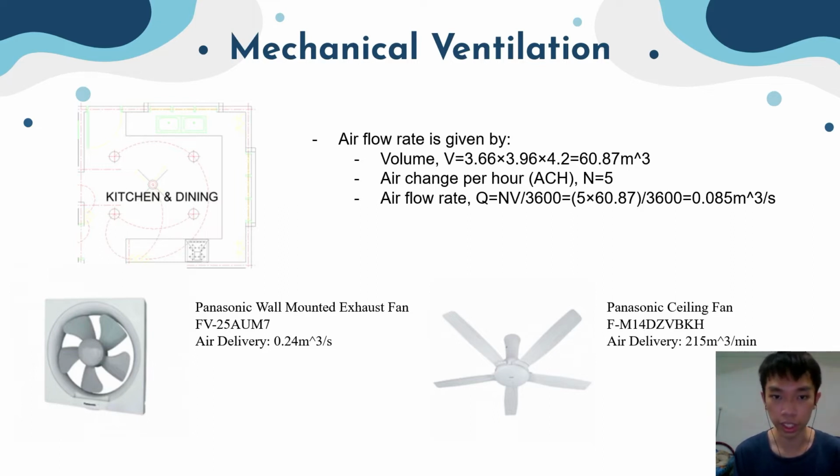Hence, we have chosen the Panasonic wall-mounted exhaust fan, model MV25AUM7. The air delivery is 0.24 meter cube per second. On the other hand, for the fan, we have chosen the Panasonic ceiling fan, model FM40DZDDKH. The air delivery is 215 meter cube per minute.